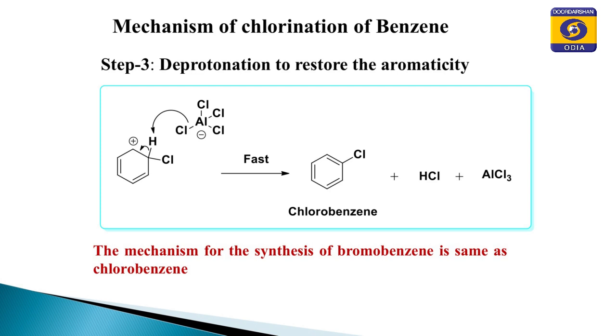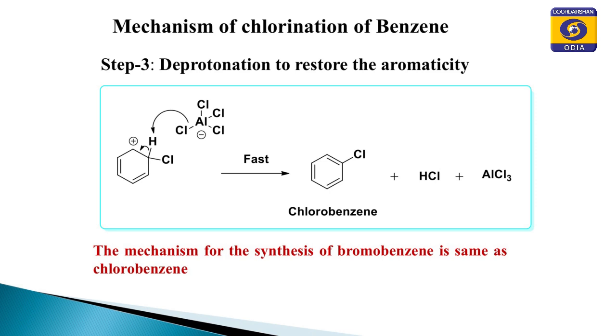The electrophile, the chloronium ion, is attacked by the pi electron cloud of the benzene ring, so that we get the arenium ion, and this arenium ion is stabilized by resonance. The resonance hybrid is given in the slide. The right hand side structure indicates the resonance hybrid, and the structures within the square brackets indicate the resonating structures.